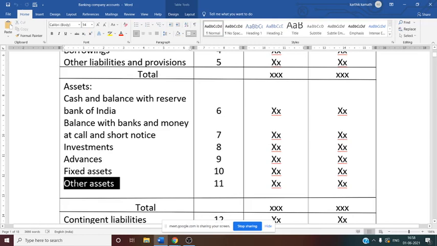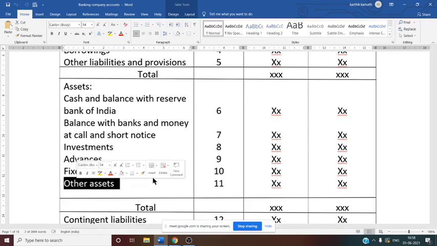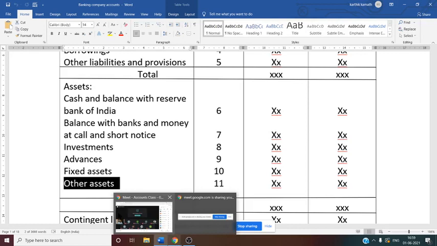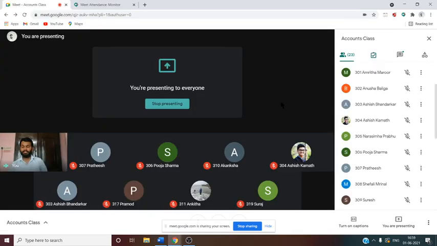Then comes other asset. So what does other asset include? Other asset includes interest accrued, tax paid in advance, that comes under other asset. Then stationery and stamps, so that is also other asset. Some non-banking asset you can say. Non-banking asset you can also consider under other asset. Non-banking asset in the sense, asset for which a loan is given by the bank and those assets are not used by the bank. So very important.